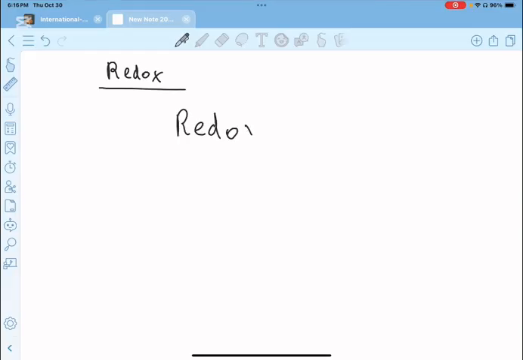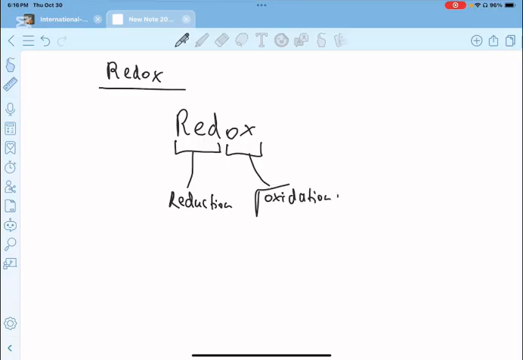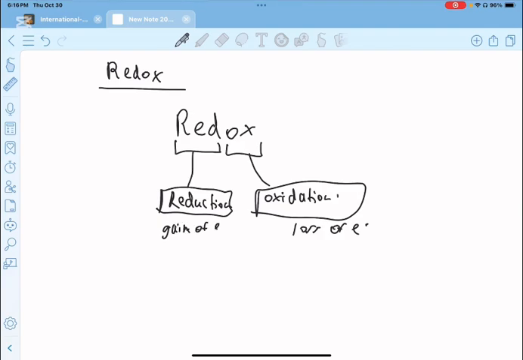If we write redox, the first three letters are going to be reduction, and the last two letters are going to be oxidation. Oxidation is the loss of electrons, while reduction is the gain of electrons.